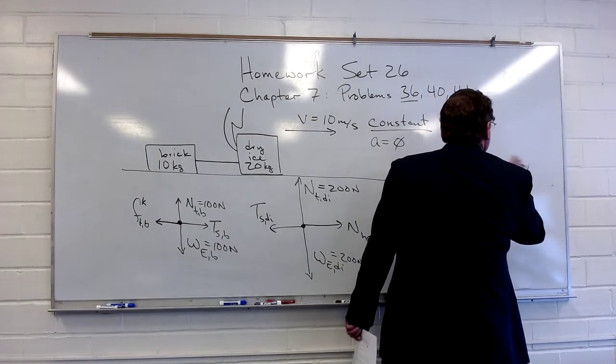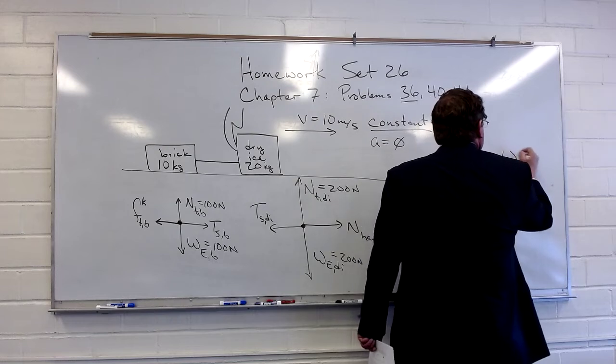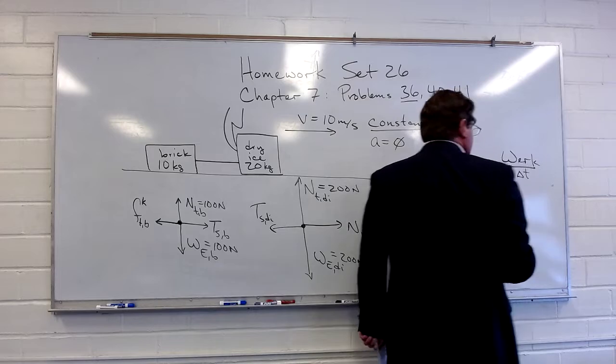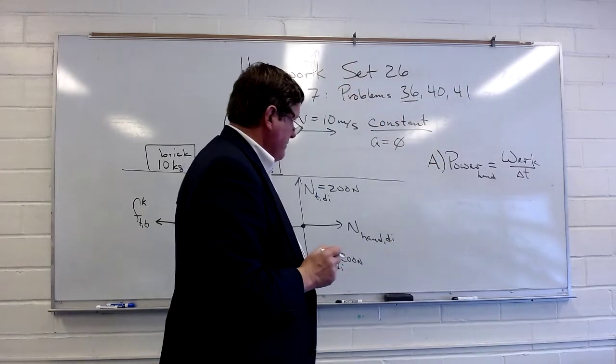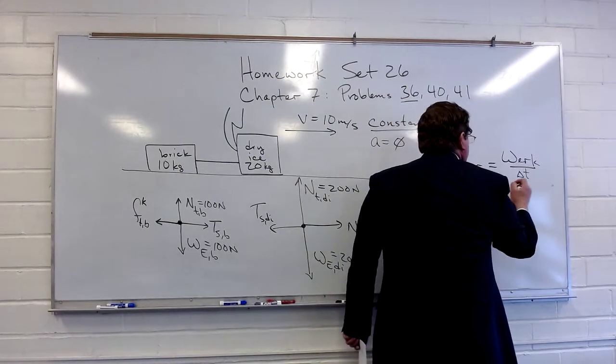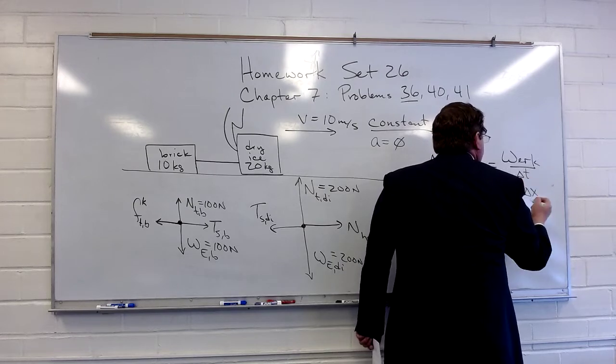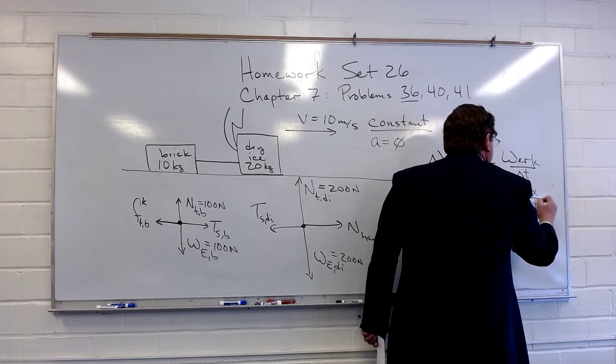Let's go back a little bit. Power is just how much work you can do divided by how much time it takes, how many seconds it takes. Well, I can write the work as the force times the distance, and then I've got to divide by the time.